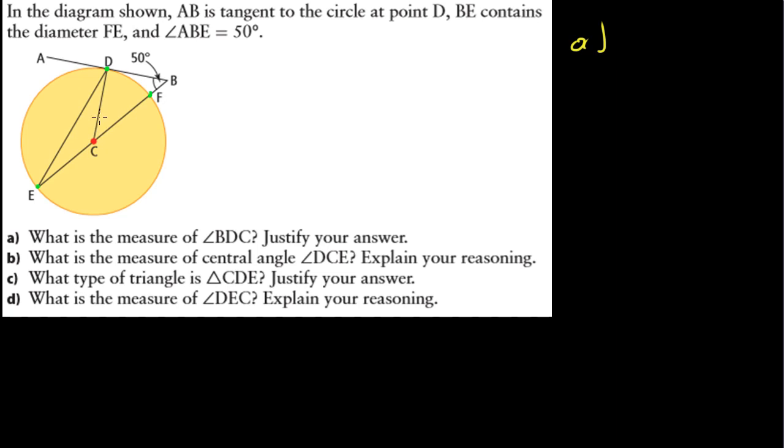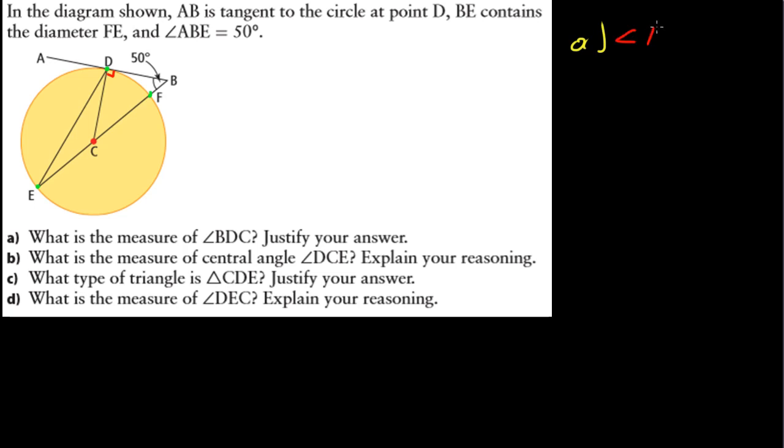First off, we are going to label off angle BDC as 90 degrees. Now, this is a little bit different from what we did in lesson 1, kind of quoting a central angle and an inscribed angle. We're going to say that this is 90 degrees because it happens at the point of tangency.